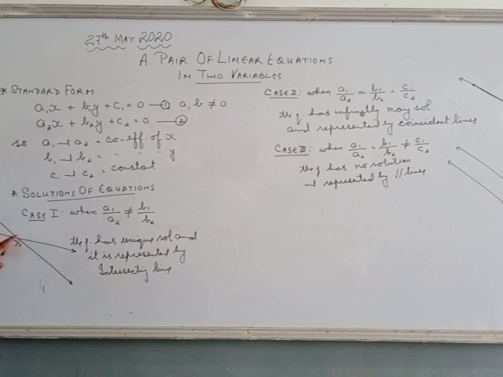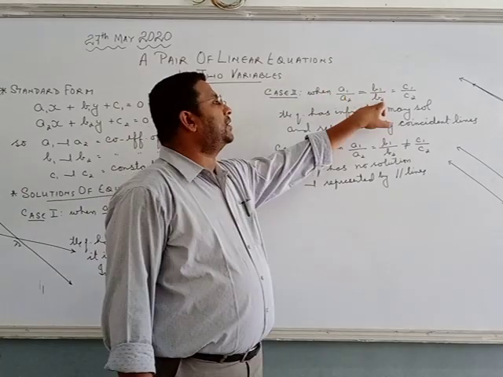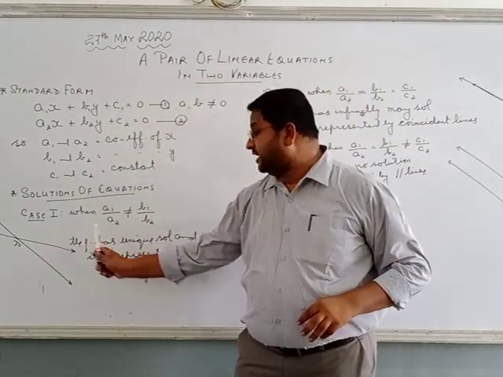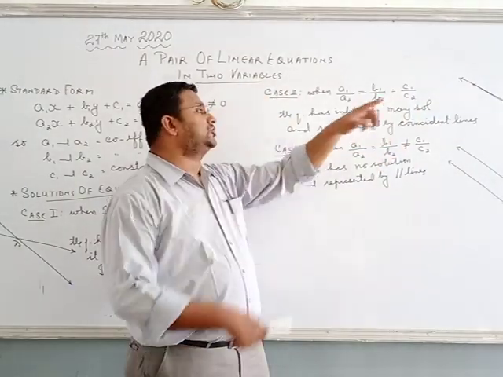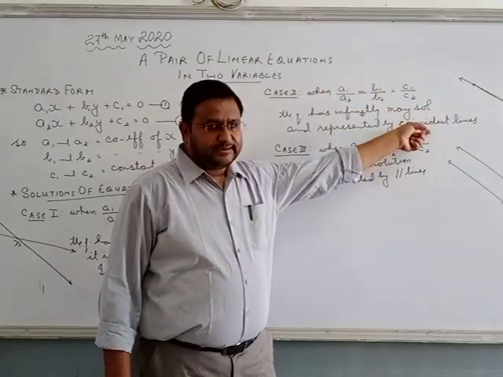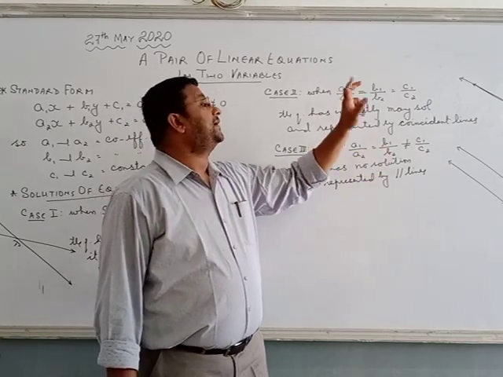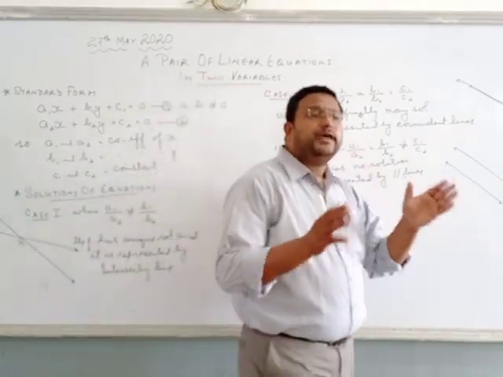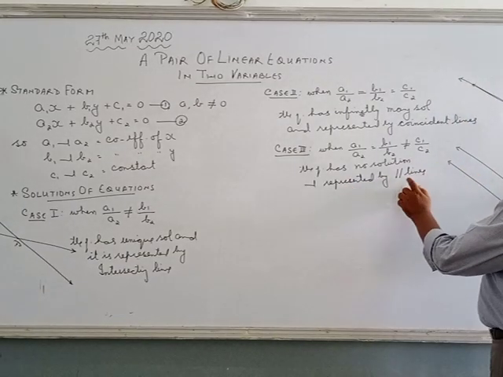Both these lines are intersecting at a common point P, that is, one point. Case second, when a1 upon a2 equals b1 upon b2 equals c1 upon c2, it has infinitely many solutions. In the earlier case it was unique, one solution, the lines intersecting at one point. Here it is infinitely many solutions, so the lines are intersecting at each and every point. That is coincident lines. Now, third case, when a1 upon a2 is equal to b1 upon b2, but not equal to c1 upon c2, the equation has no solution. That means they don't have a common point. That means it is represented by parallel lines.